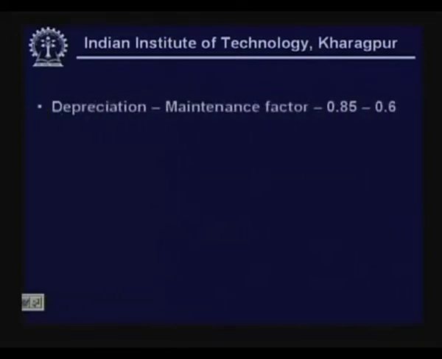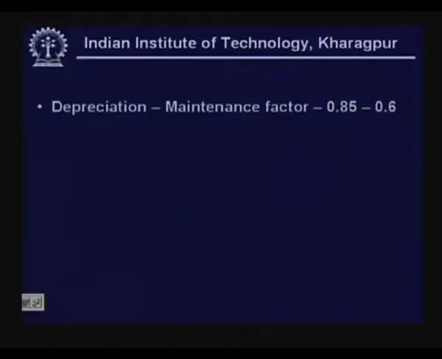Some factors are necessary in order to evaluate. One major factor is what we call depreciation, also known as the maintenance factor.